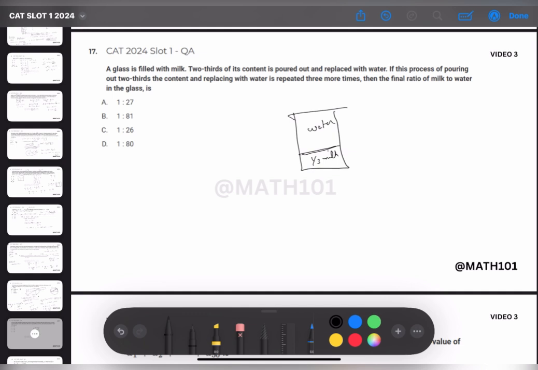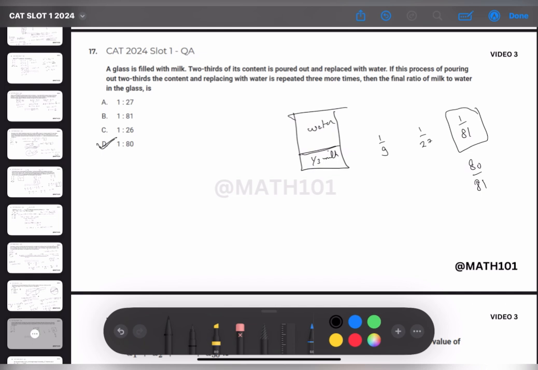If the process is repeated 3 more times, the next time the amount of milk left would be 1/9, followed by 1/27, followed by 1/81. So 1/81 is the amount of milk, then 80/81 is the amount of water. So milk to water is 1:80. So the answer is D.